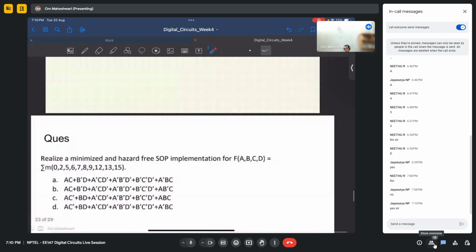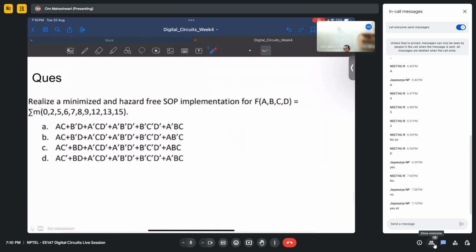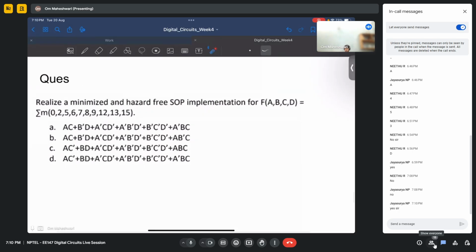Okay. So the next question says, what is the hazard-free implementation of F(A,B,C,D) equals this? So what we need to do for making a hazard-free implementation: step one is make the K-map.